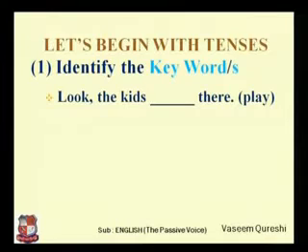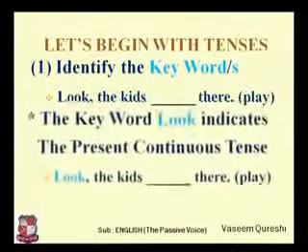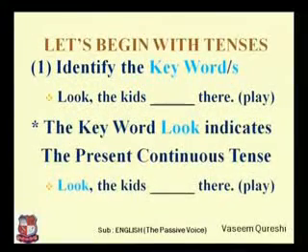Now, you have to identify which word can tell us the name of the tense in the sentence. You are right. The keyword look, which is there in the beginning, is an imperative sentence that indicates the present continuous tense. So look becomes the keyword. Now the answer would be from present continuous tense.